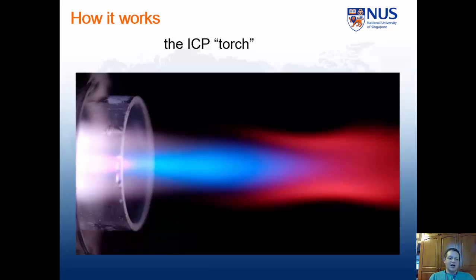So the argon is coming from the left of the picture, and the very white area is the center of the plasma, and as the argon flows from here through out there, it's cooling, and of course it does look like a flame, but your metal ions are being introduced here as well, so effectively you then have the plasma matrix where you can measure the light emitted from your metal ions.